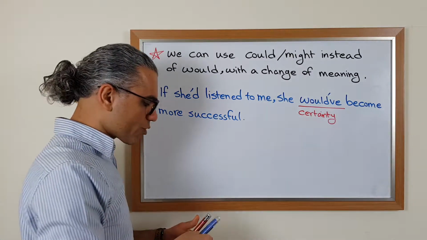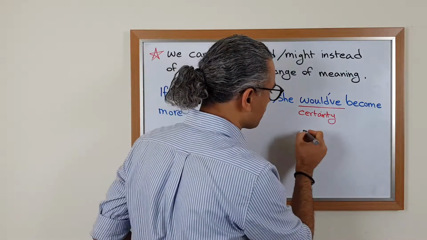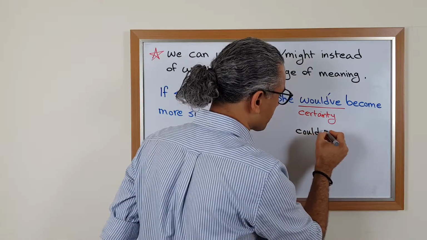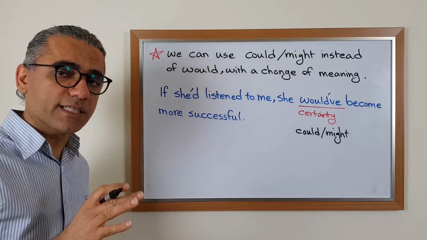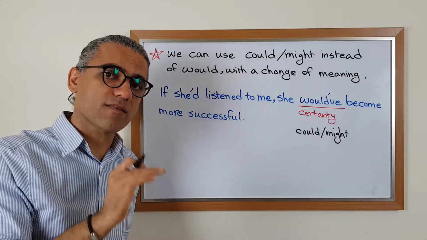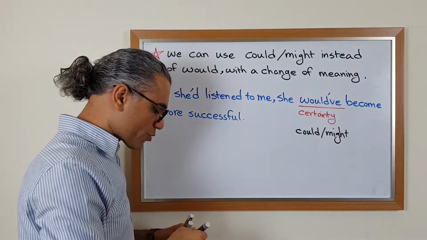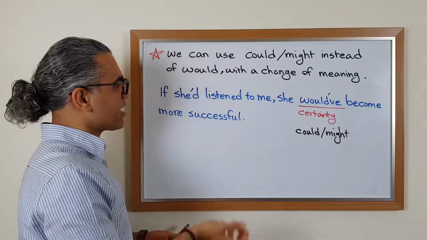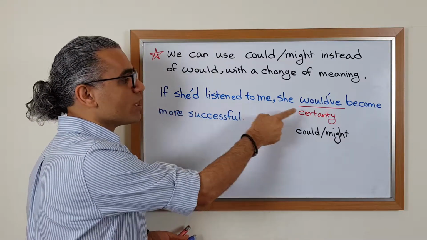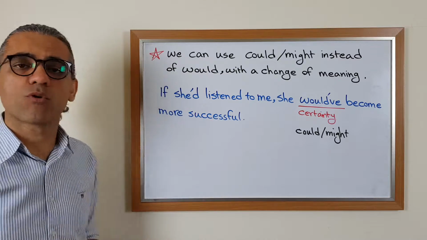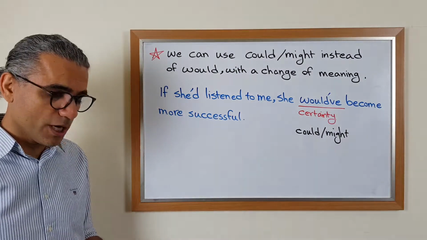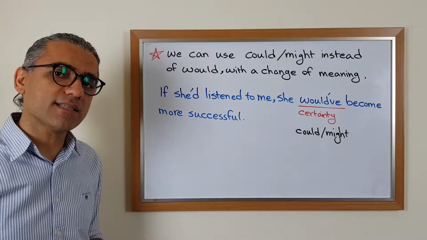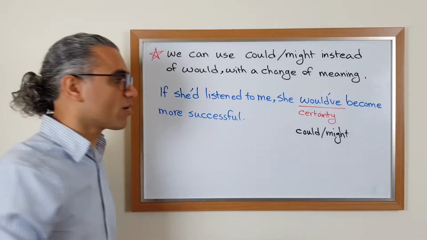But when you use could or might, and remember, could and might, in this particular context, mean the same. Example, we say, if she had listened to me, she could have become more successful, or she might have become more successful. In here, we are not expressing certainty anymore. We are expressing probability.